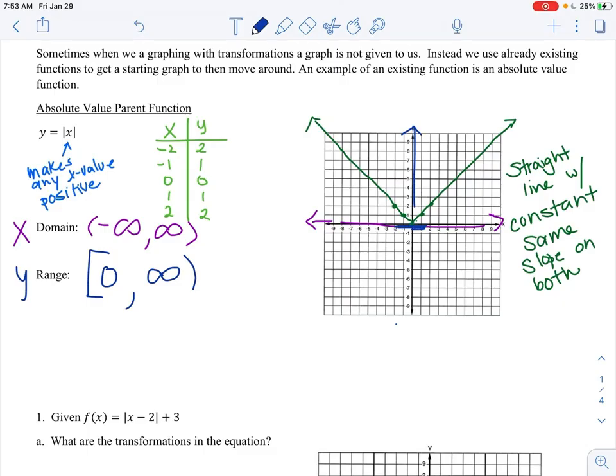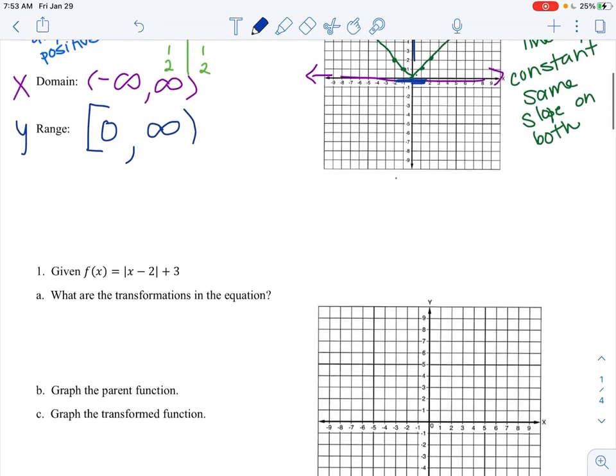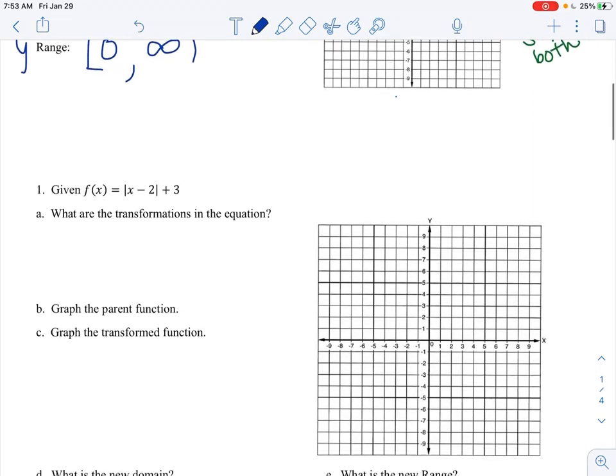It's really cool. So let's actually start doing transformations on it. We're given that f of x equals the absolute value of x minus 2 plus 3. If we know the parent function, we write transformations with the equation rather than f of x.